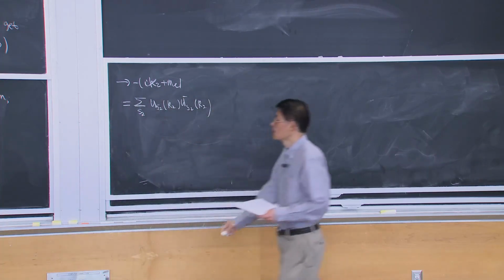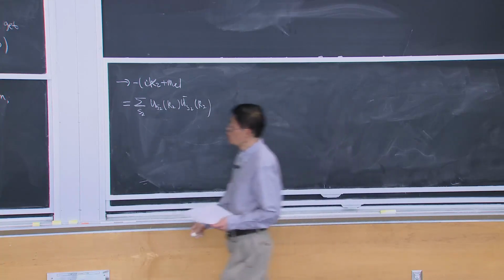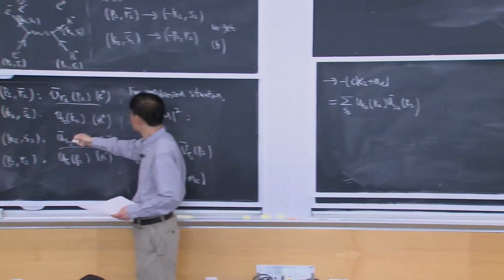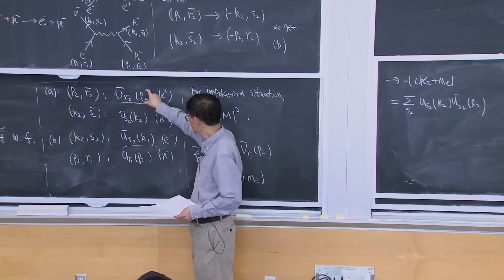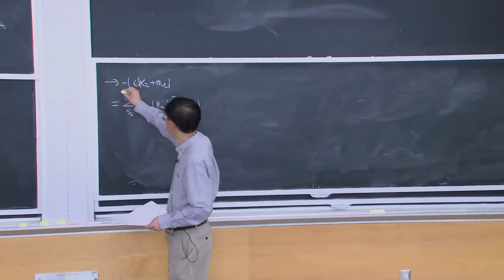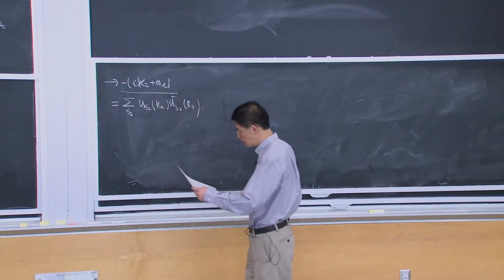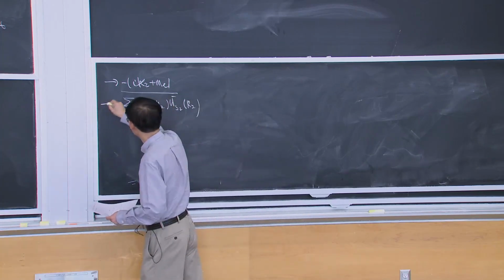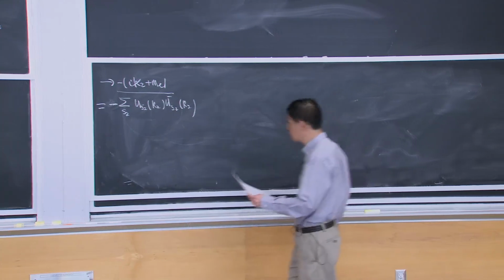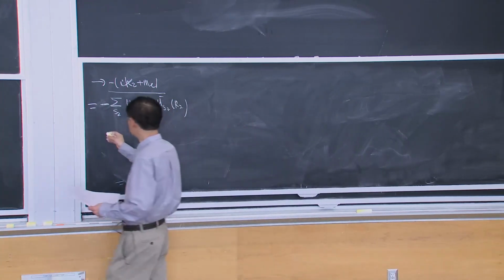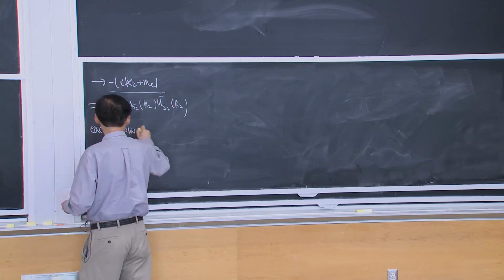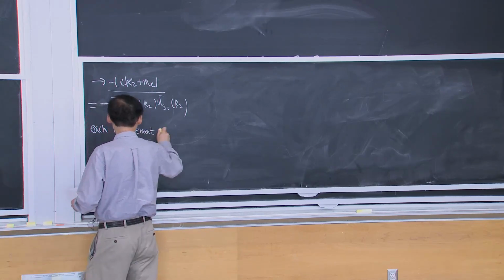So despite the fact that their wave functions are different, after you do the spin sum, they actually get the same answer. So this is the same as minus this one. So after you do the spin sum, each replacement of momentum.